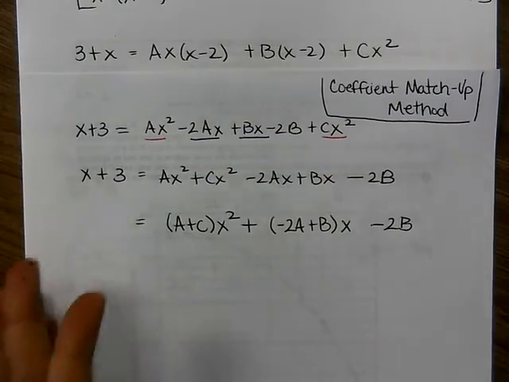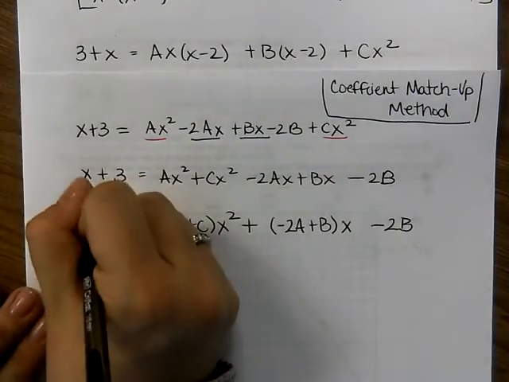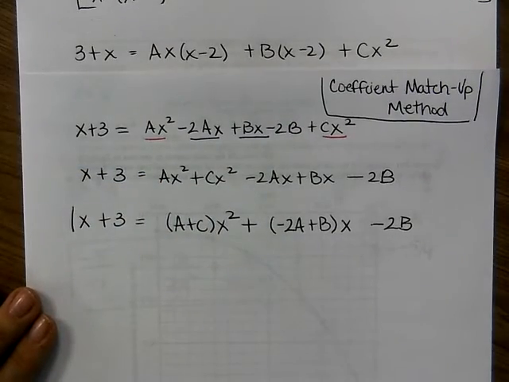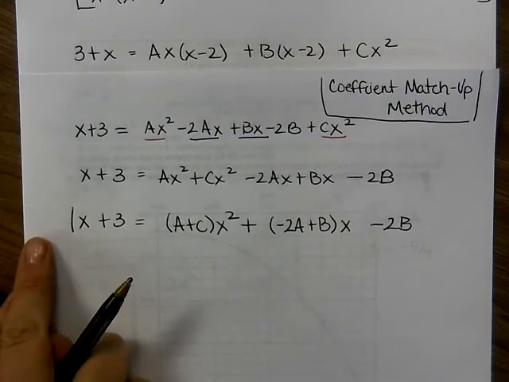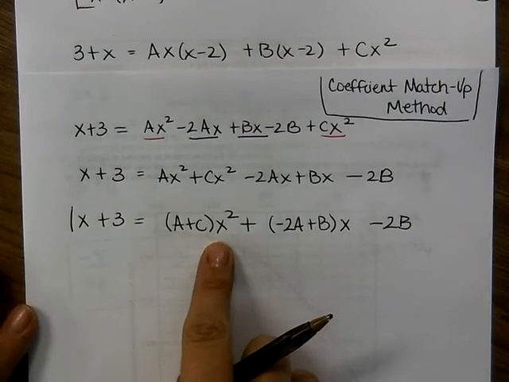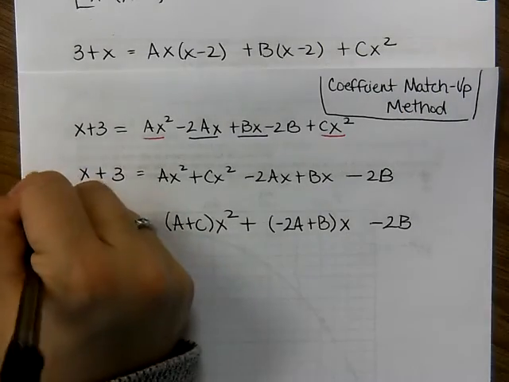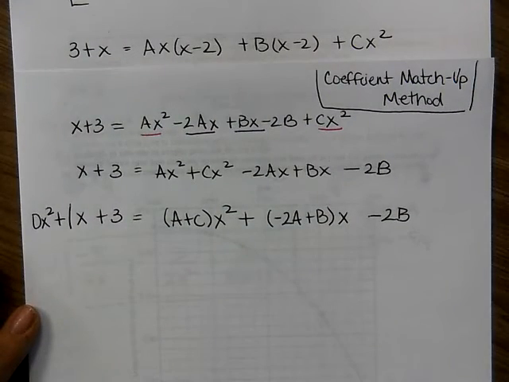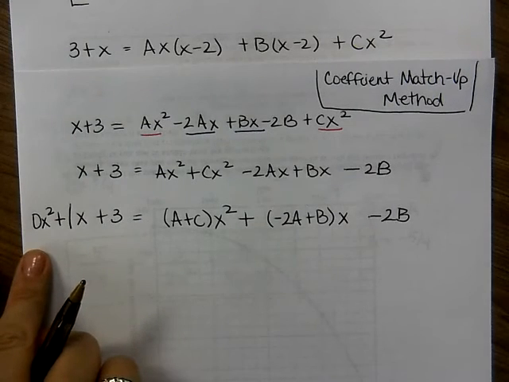Now I want to match that up to what's going on over here. Originally I had x plus 3. I know that's like having 1x plus 3. What I don't have is this x squared term. Can I just write 0x squared plus this? I haven't changed it at all, right? 0x squared is 0. It's just like a placeholder. Agree?